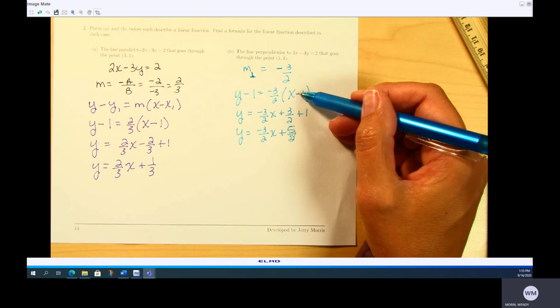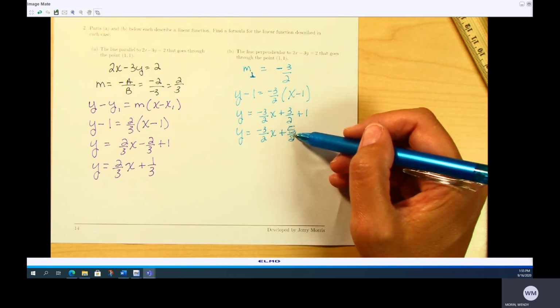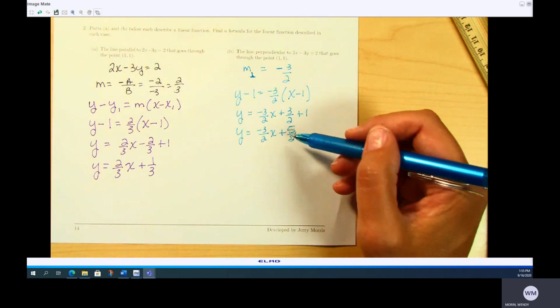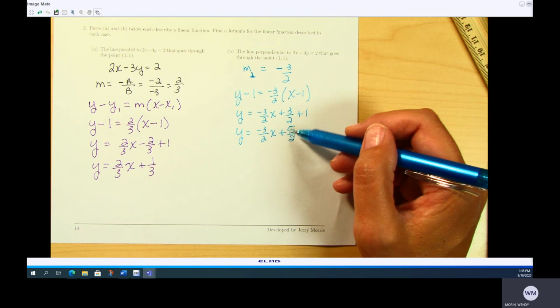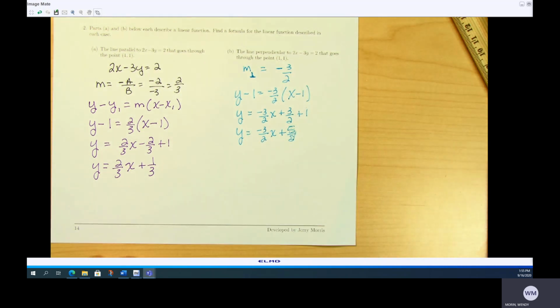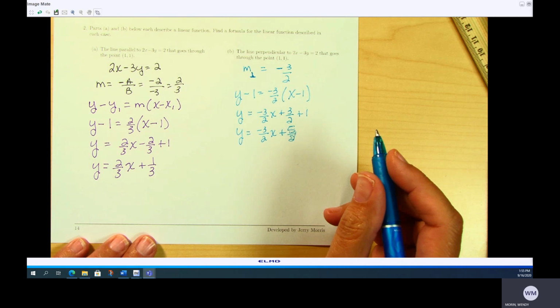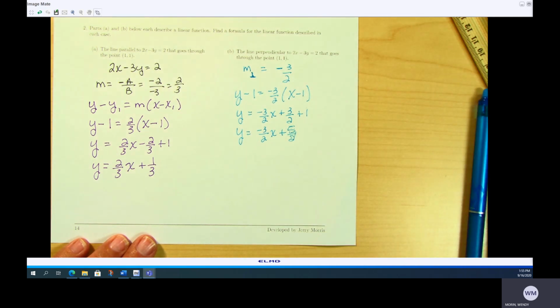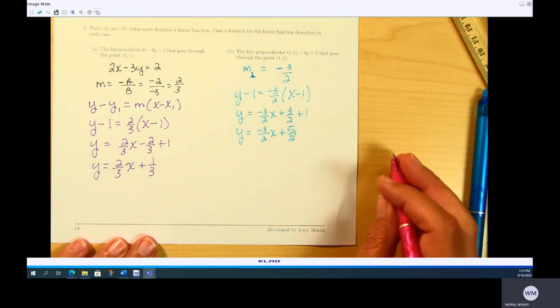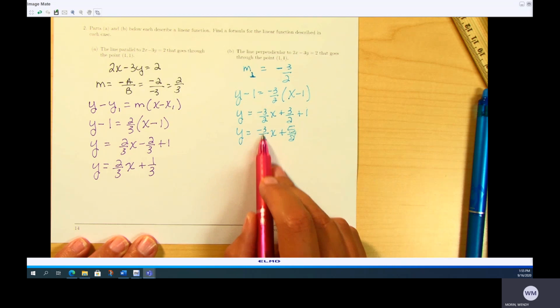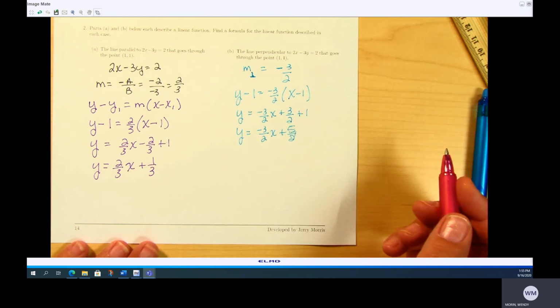You go from point-slope form, you go to slope-intercept form, and then from here, put it in standard form. Standard form, the x's and the y's are on the same side. The most important thing, though, is that you can't have a fraction for your a and your b. So we can't have this here. So what do you think you would do to get rid of a fraction?